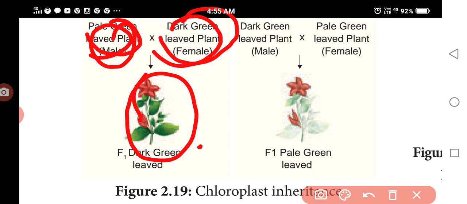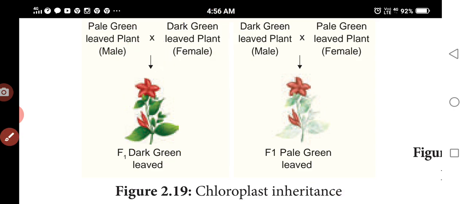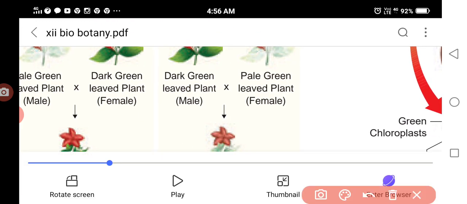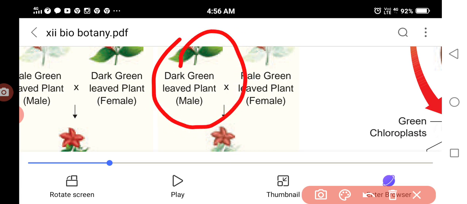Why? When the pollen of the dark green leaved male plant is transferred to the stigma of the pale green leaved female plant, it is an interchanging, or reciprocal, cross. What will happen?